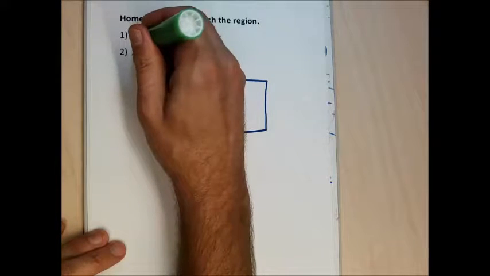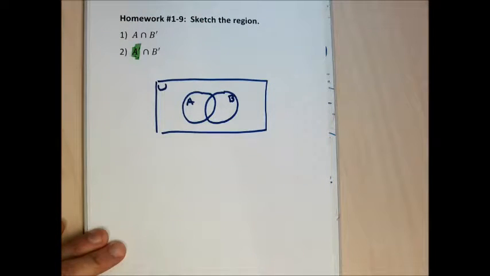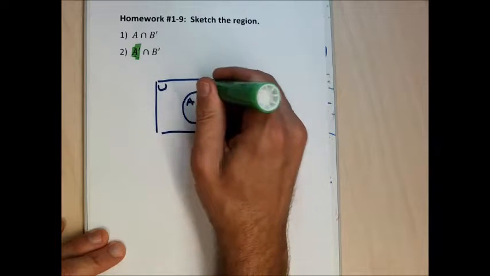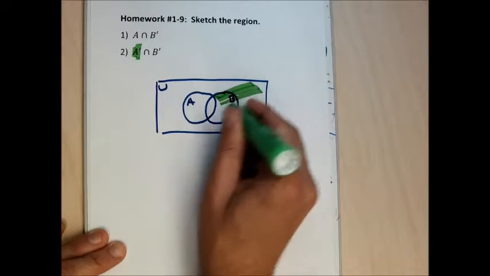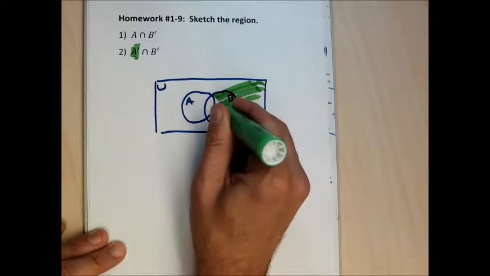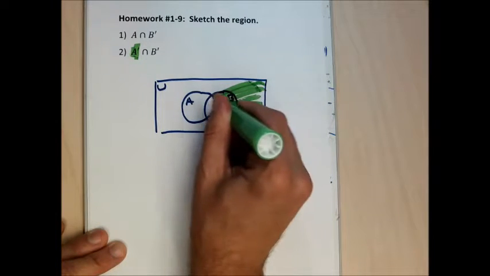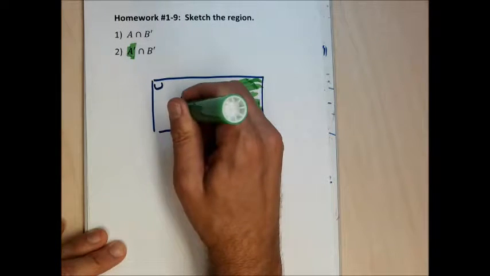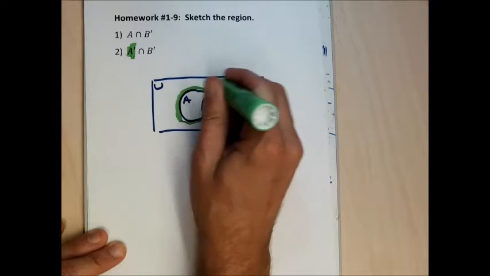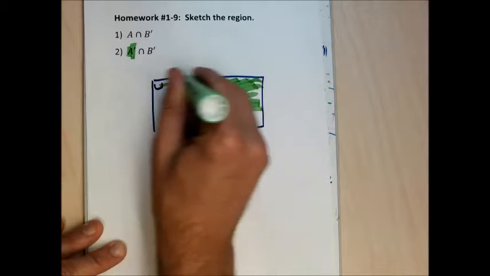The first thing I'm going to do in green for problem 2 is represent A complement. And A complement is every bit of this graph that's outside the A circle. So I go right up to the A circle. I wish I had some artistic ability, but I don't.